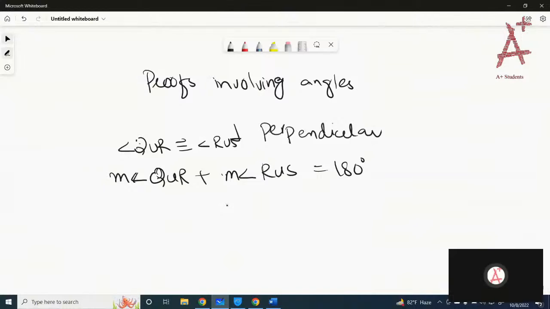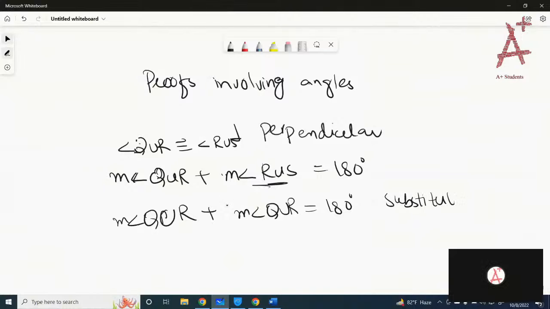So they are congruent, that means they have the same measure. Got it? So what we did: for measurement of angle QUR, we substituted the value of measurement of angle RUS. So that is the substitution.